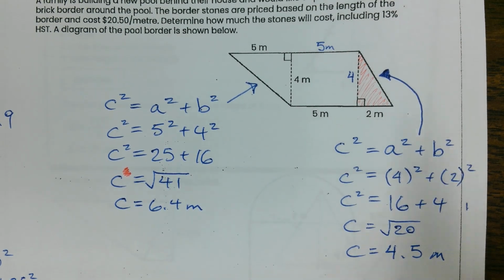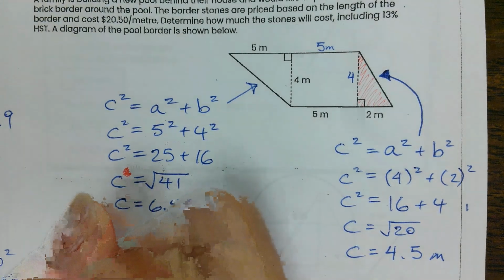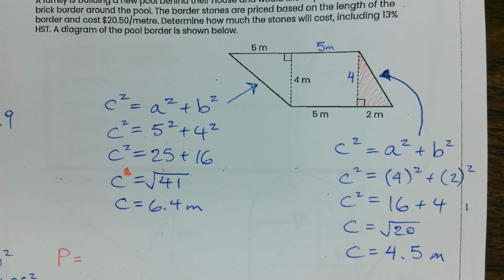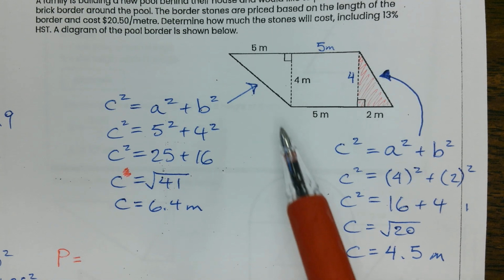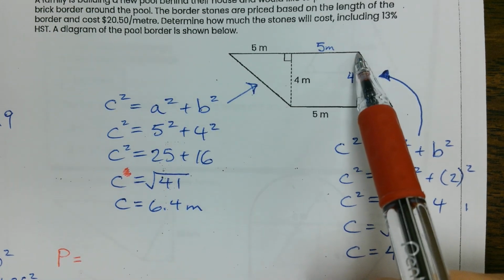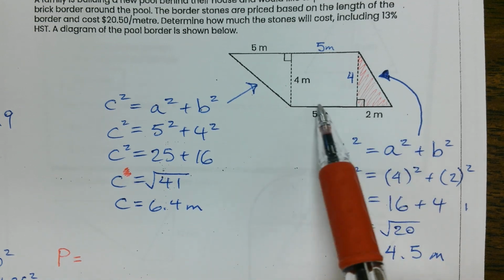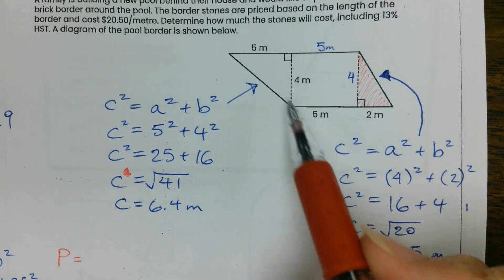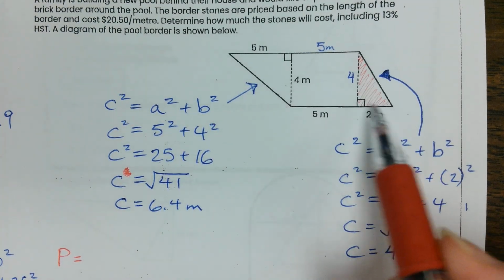Okay. So I need the perimeter. How many sides am I adding up? 6 dimensions, but how many sides? 4, right? So just the 4 sides on the outside.